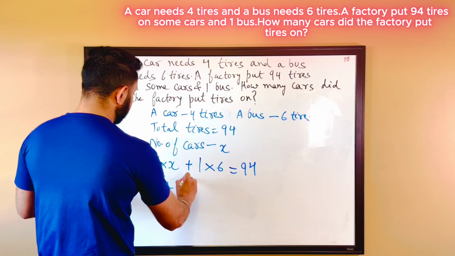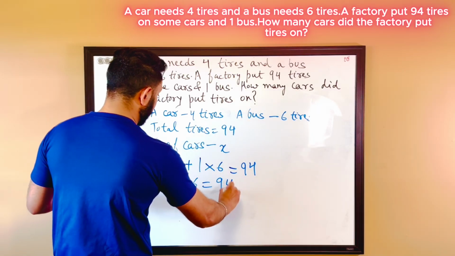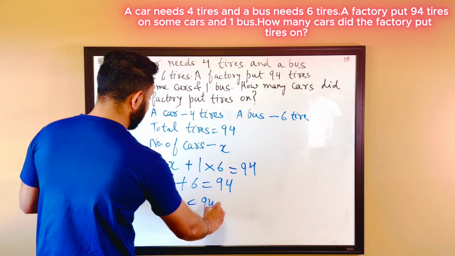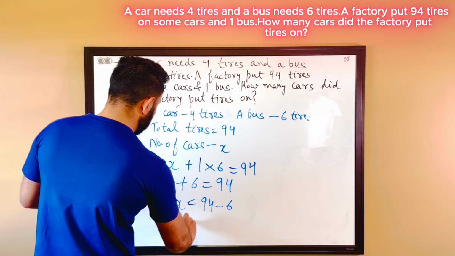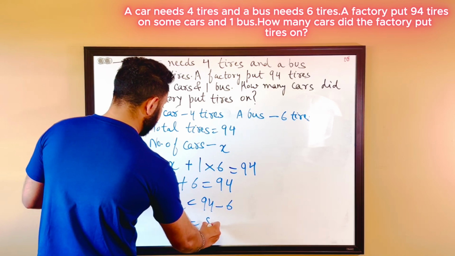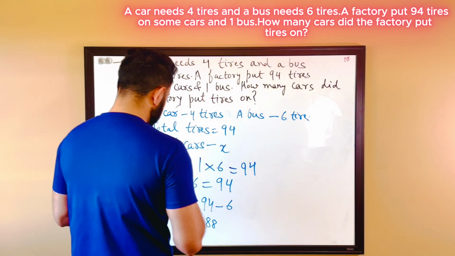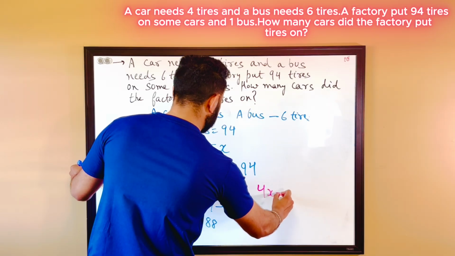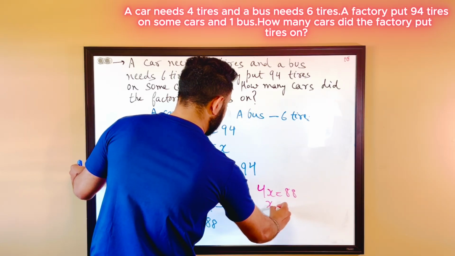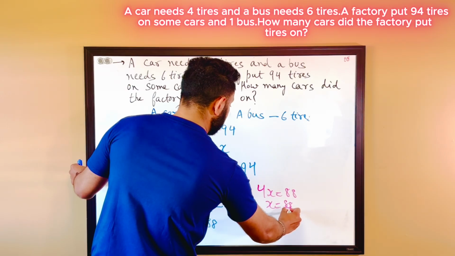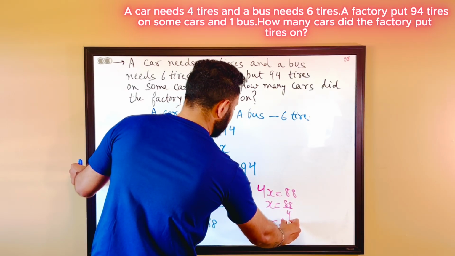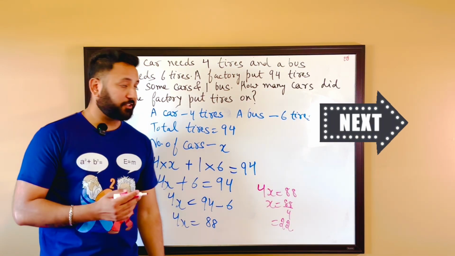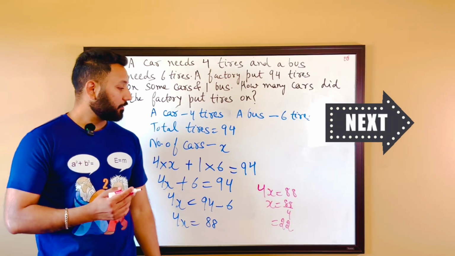So 4x plus 6 is equal to 94, and 4x is equal to 94 minus 6. So 94 minus 6 is 88, and this implies 4x is 88 and x comes out to be 22. So there are a total of 22 cars that the factory put tires on.